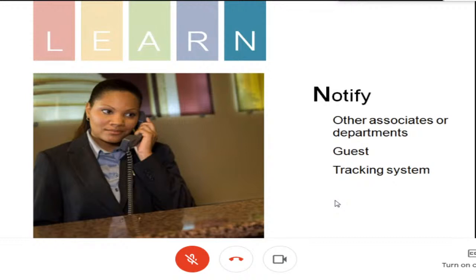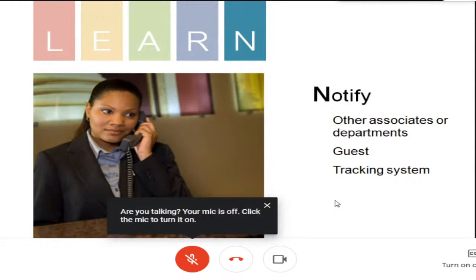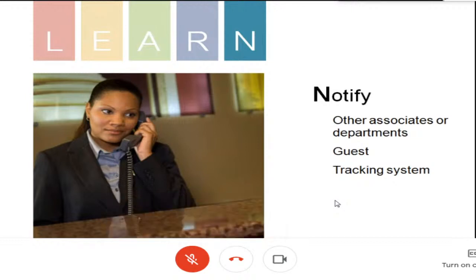For example, if the guest's luggage has been lost, we need to notify the front office, the concierge, as well as security, so that the departments can track down what has happened, where it went wrong: is it the guest's mistake, the associate's mistake, or something wrong in our tracking system. That is very important so that people can take the good out of it and make sure it does not happen to the guest in future.